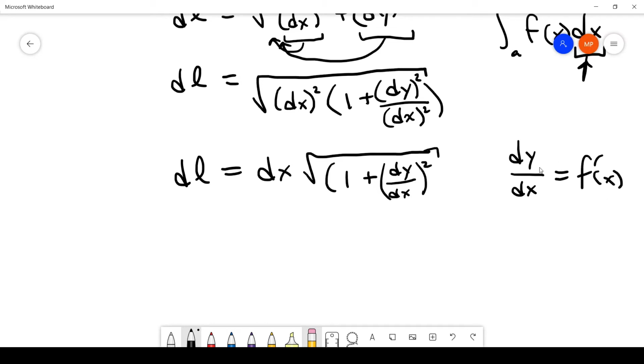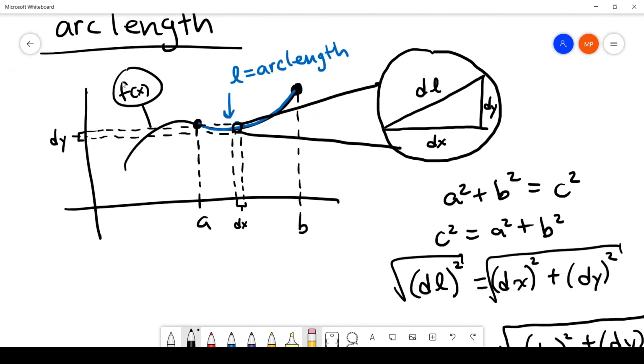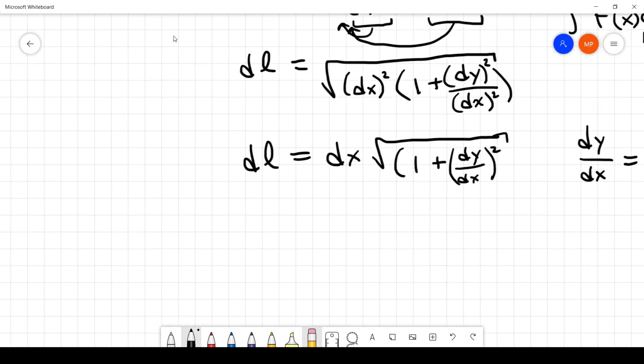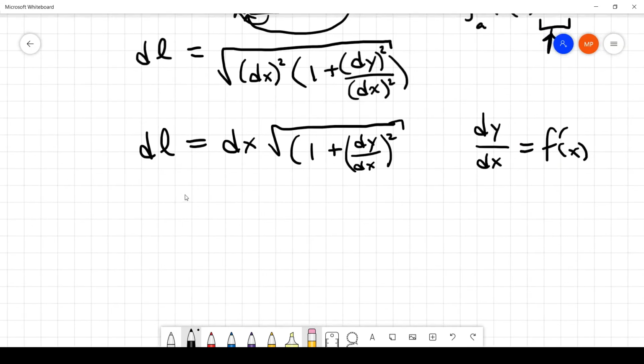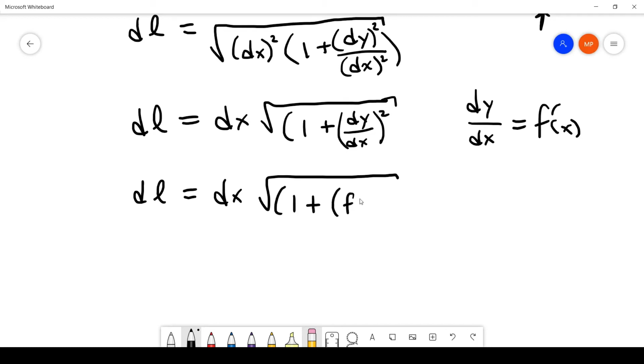It's equal to the first derivative of our function f of x. Again, just to remind you, the function that we're using to describe this line right here. And so, continuing on from there, what we can write is dl is equal to dx times the square root of 1 plus f prime of x squared.